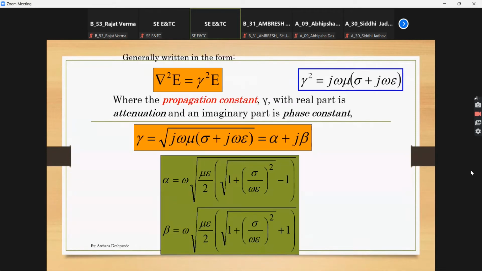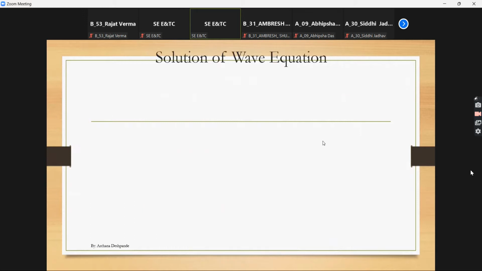For that we need to find the solution of this wave equation. If you understand the solution of this wave equation, the nature of the electric field can be imagined. As I said, we are studying something which we are not able to see, so through mathematics only we are going to study the field. Okay, so now we are going to do the solution of the wave equation.